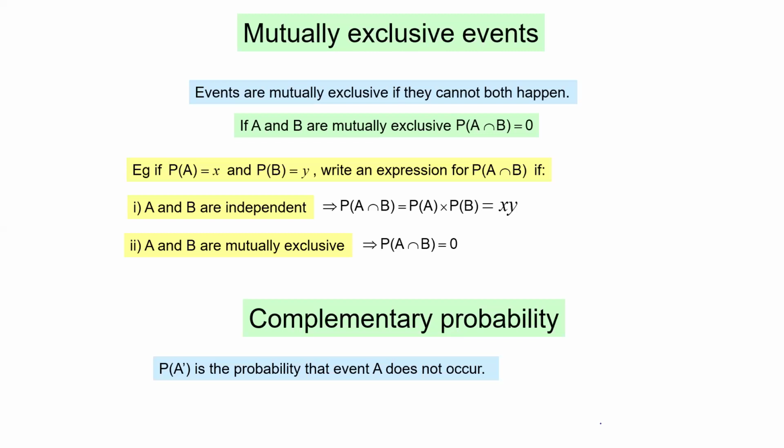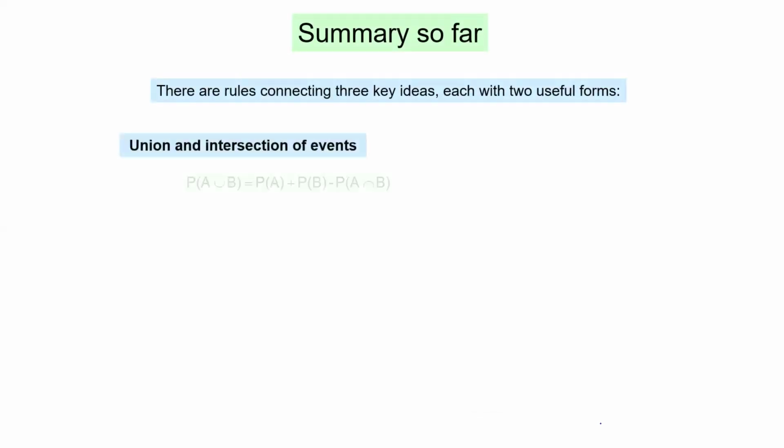Yes, sir, I wrote it. P of A prime is equal to 1 minus P of A. So complementary means subtract from 1.